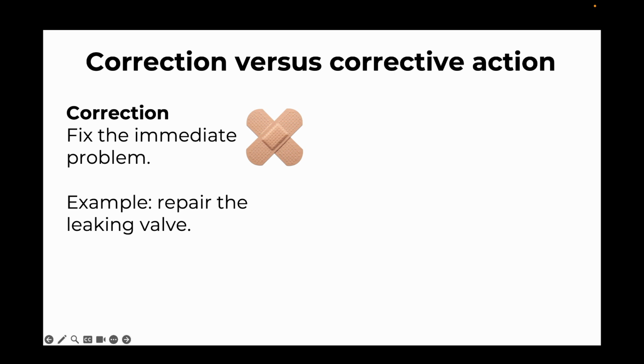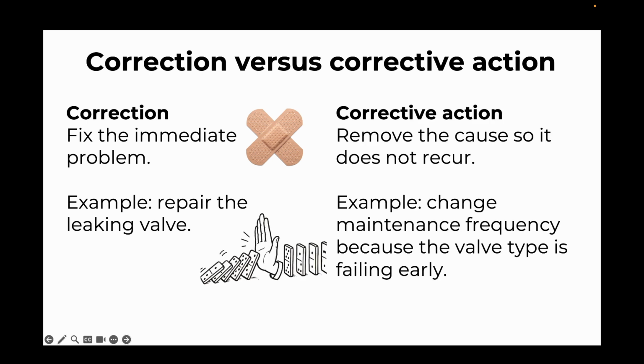It is asking for a decision. So it's important to distinguish correction from corrective action. Correction means fixing the immediate problem. For example, BlueRiver repairs a leaking valve. That is necessary, but it may not be enough. Corrective action means removing the cause so the problem does not recur.